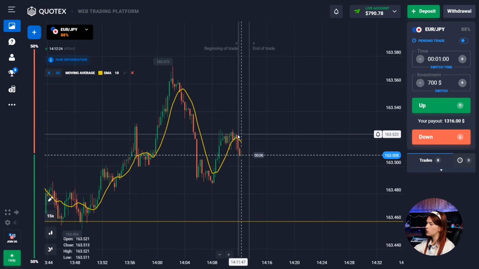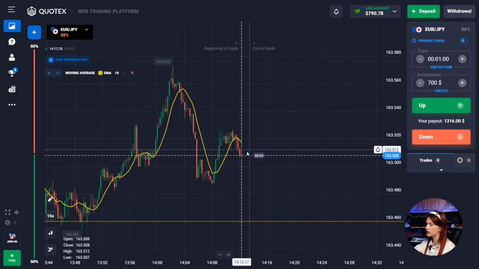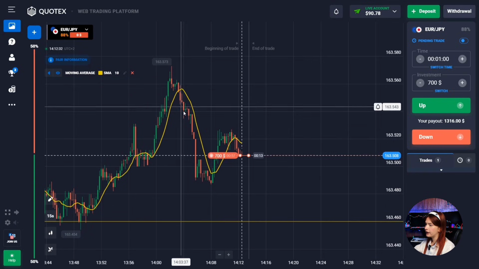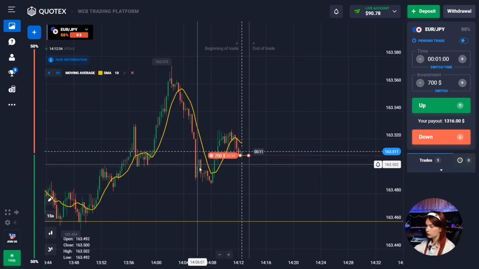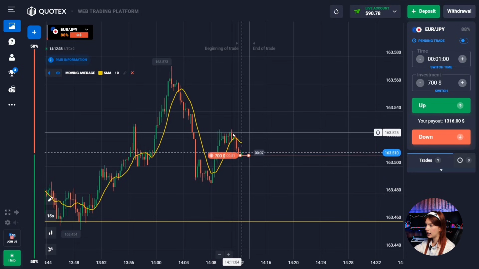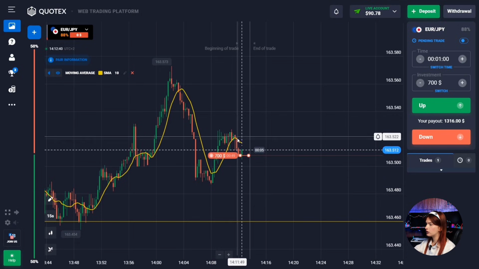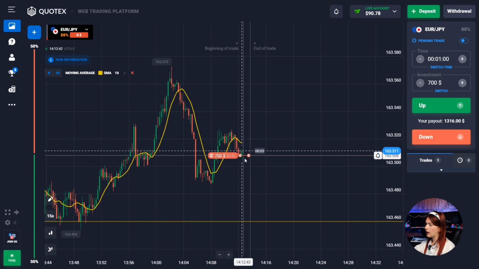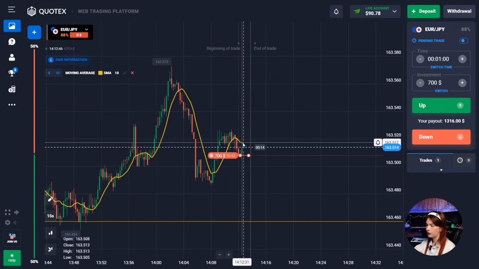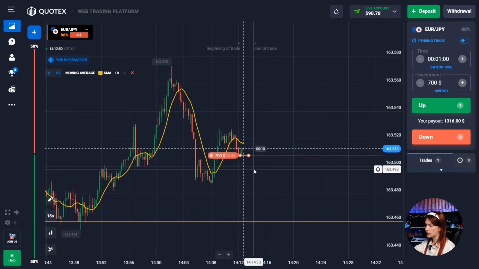So guys, here I suggest to open a deal for 1 minute to go down, because here we also see that there was a downward movement. Also, after another roll up, the price turned. At the same time, it crossed the middle moving average top down and continued to move on. Also, the moving average itself turns and starts to move after the price, and that means that with more probability the price will continue moving down.